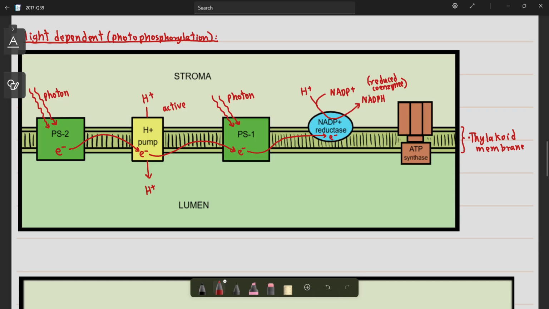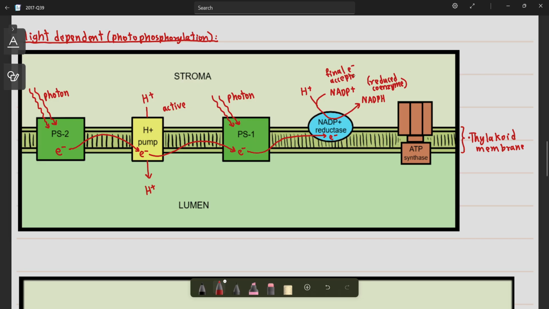This molecule is the electron carrier. It carries the high energy electron to be used in other processes. So the NADPH is produced by the NADP plus reductase. The most important thing about this process is that NADP plus acts as the final electron acceptor.